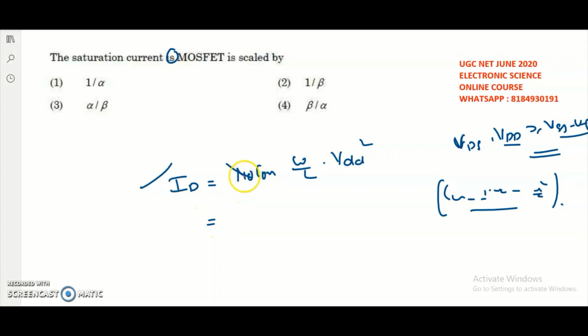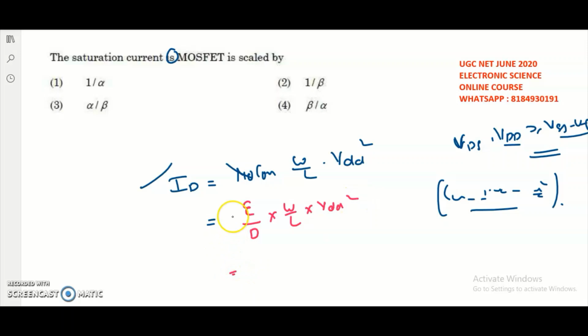So in this case, mu is a constant, so just leave that one in the case of scaling parameters. And coming to the COX, as I told, COX is nothing but the oxide capacitance per unit area, that is epsilon divided by D into W by L into VDD square.